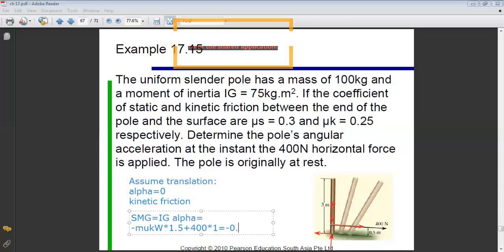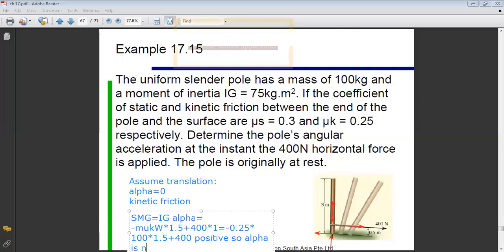So it's minus 0.25 times the weight, 100, times the distance 1.5. I get a value that is positive here, because 400 is much higher than 25 times 1.5. Because it's positive, alpha can't be 0. So my assumption is wrong.